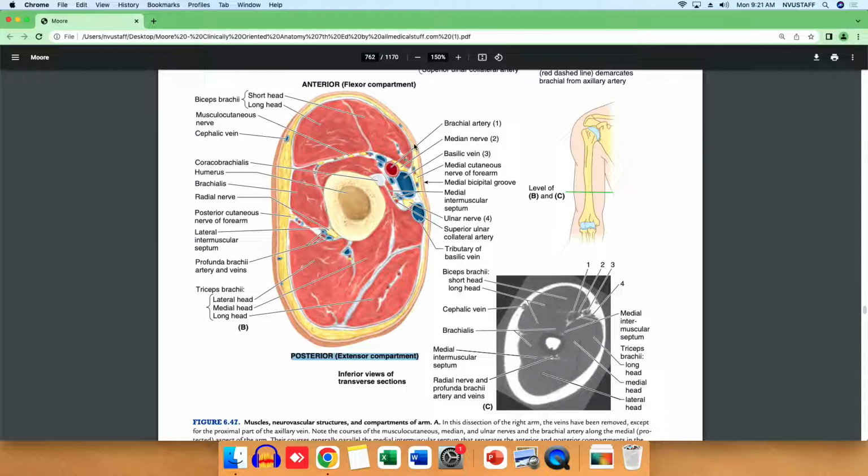So two largest muscles, which are representing, in case of biceps brachii, the chief flexor of the elbow joint, or the flexor of the forearm at the elbow joint. And in case of the triceps brachii, it is the chief extensor, so the main extensor.